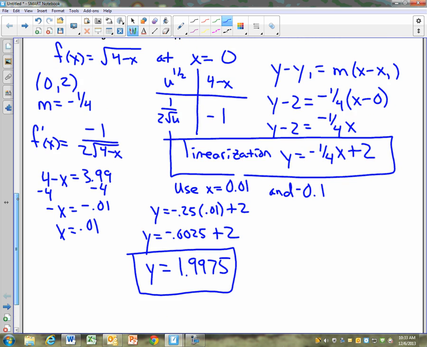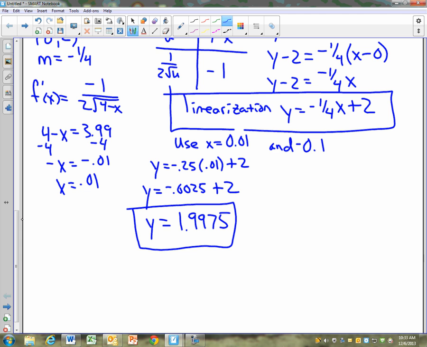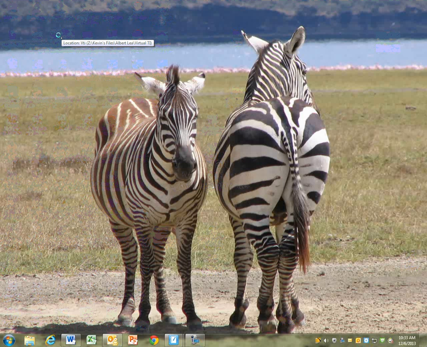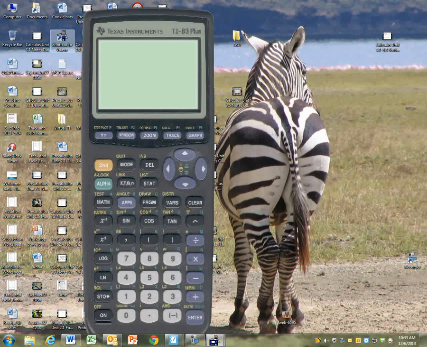That is approximately the square root of 3.99. Let's check. Take your calculator. Oh, hey, that was pretty close, wasn't it? And so you can see how this would be a useful estimation, can't you?